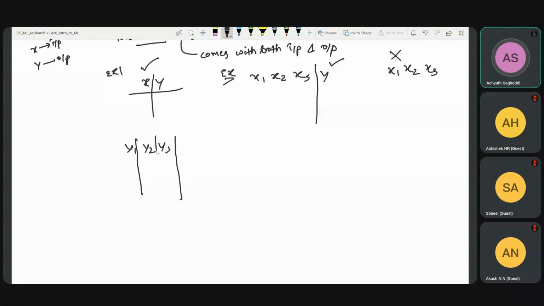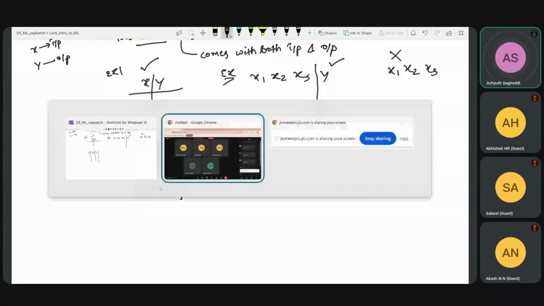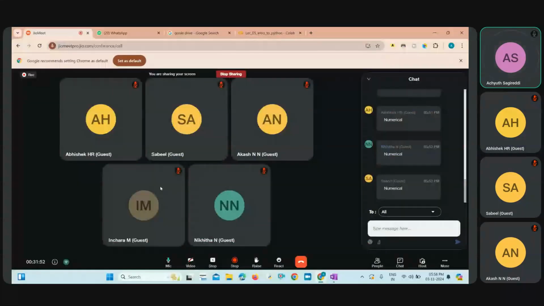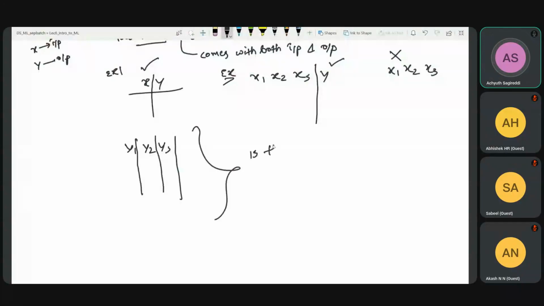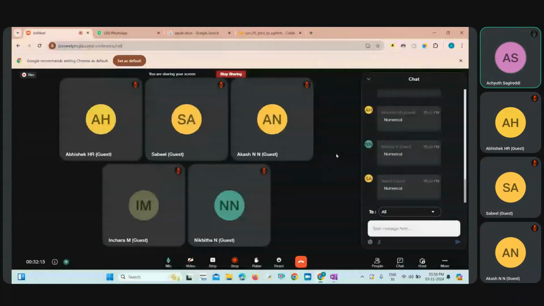Is this labeled data or not labeled data? Tell me, guys. Is this labeled data or unlabeled data? Tell me, guys.